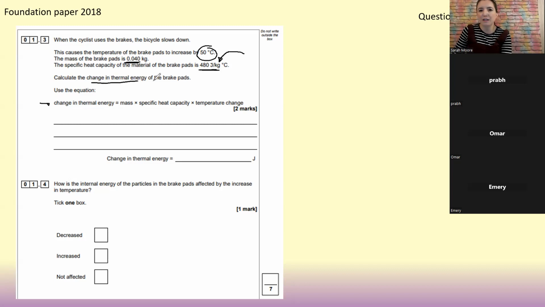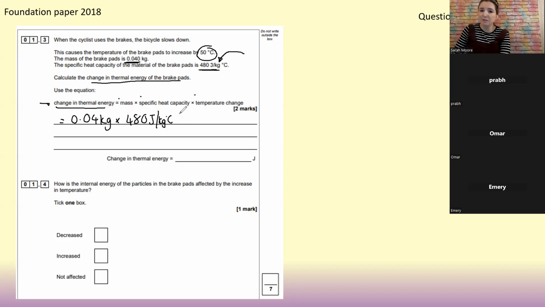Let's calculate the change in thermal energy. Change in thermal energy equals mass times specific heat times temperature change. So let's fill in those numbers. Mass, we were told, is 0.04 kilograms. The specific heat capacity is 480 joules per kilogram degree Celsius.